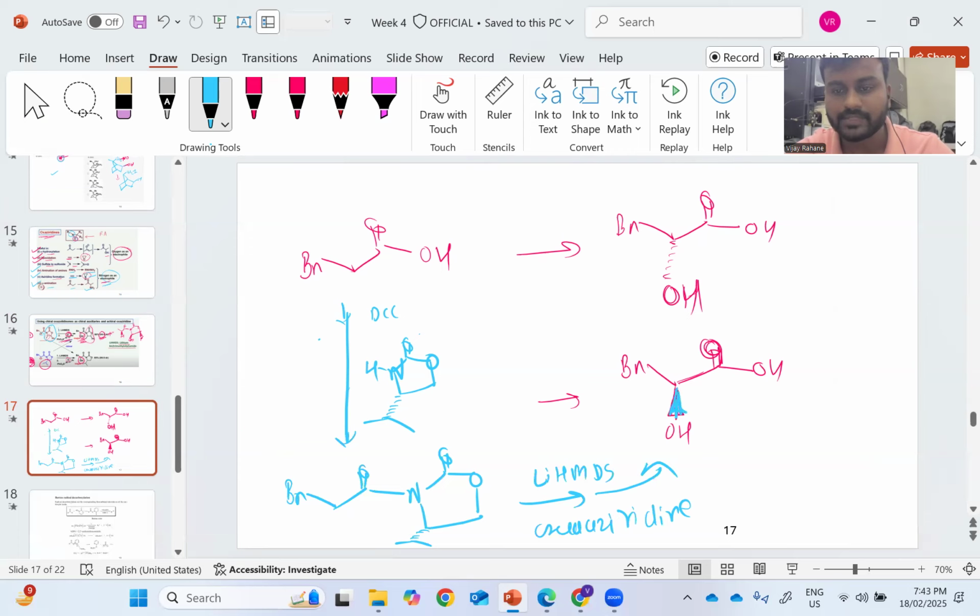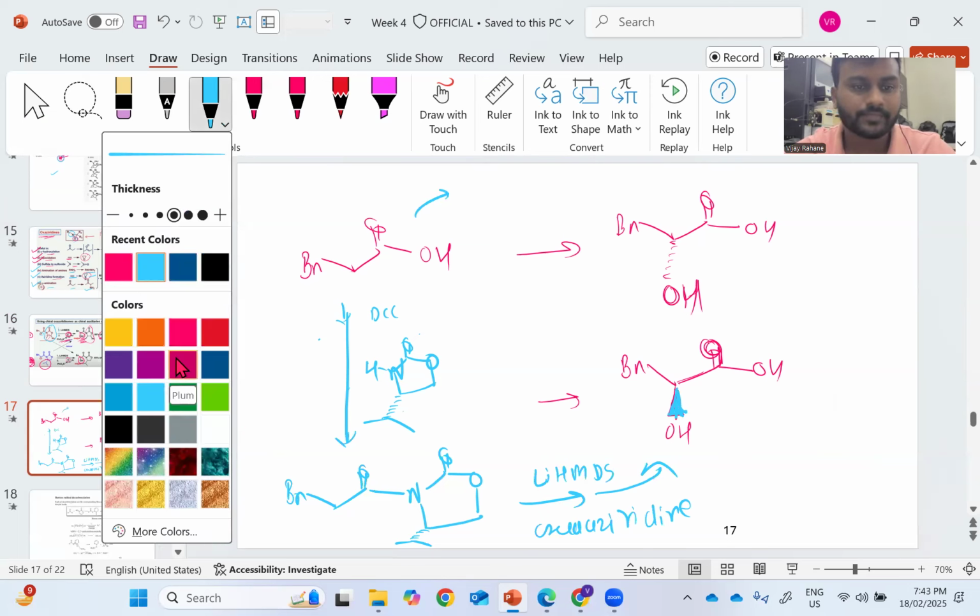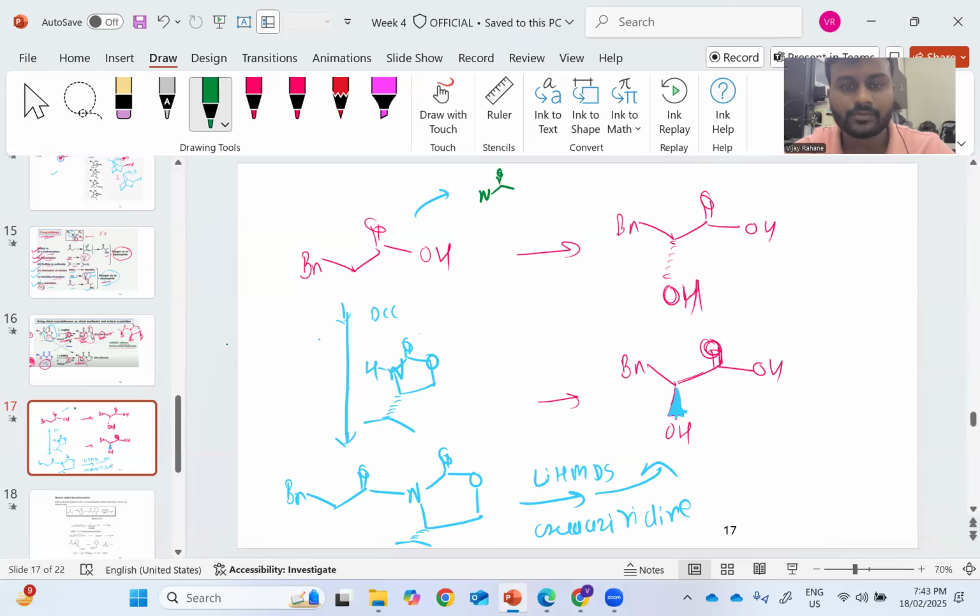In this case we get the beta alcohol hydroxy group, right? And similarly, when we want the alpha hydroxy, we can use another chiral auxiliary instead of this one. Let's say in this case we can use the nitrogen double bond O. This chiral auxiliary we can attach to the acid.